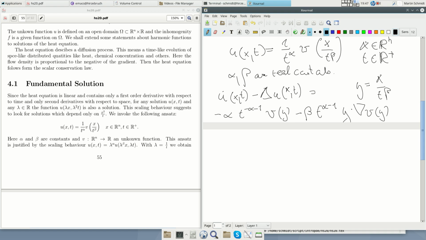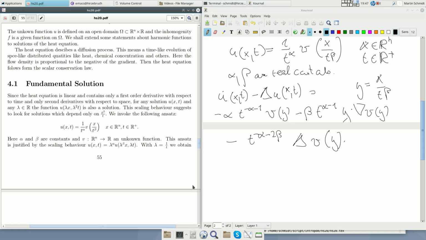And then comes the x derivative of this place, minus, and every x derivative gets such a factor. So we get t to the power of minus alpha minus 2 beta, because we twice take the derivative, and each time we get as an inner derivative t to the minus beta. So we get this factor here, and then we get just Laplacian of v of y, Laplacian with respect to y.